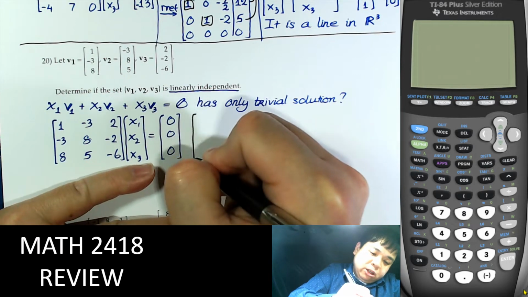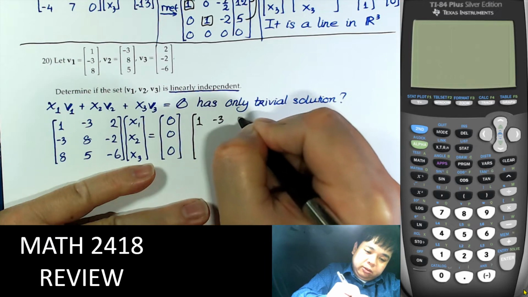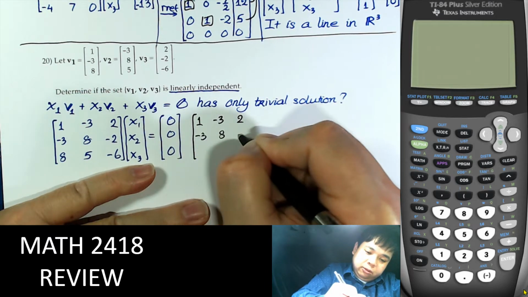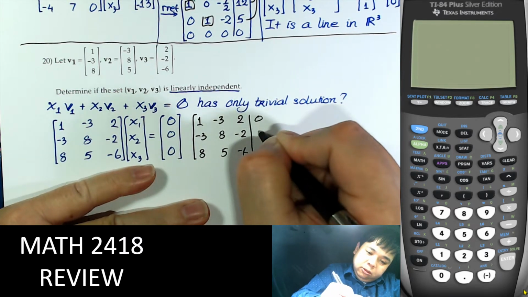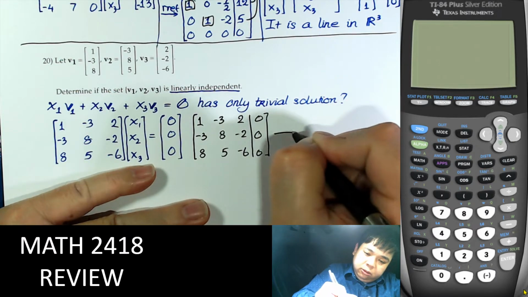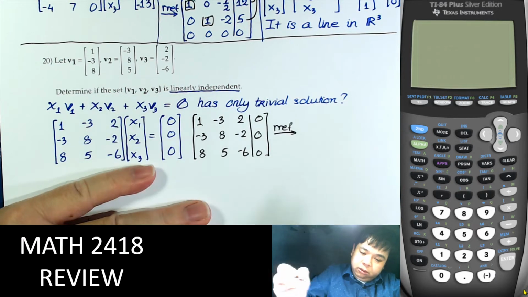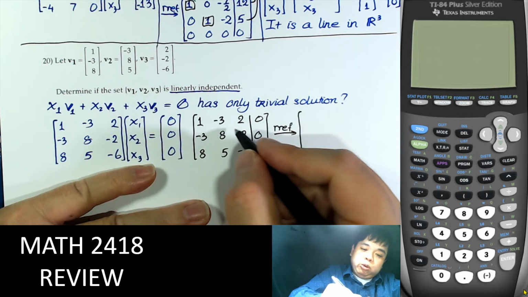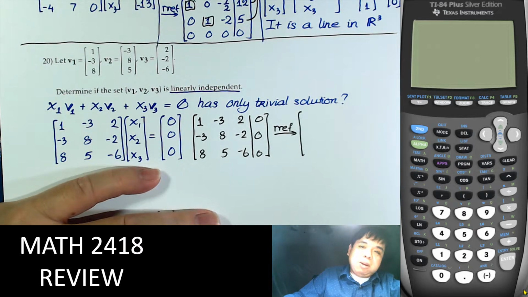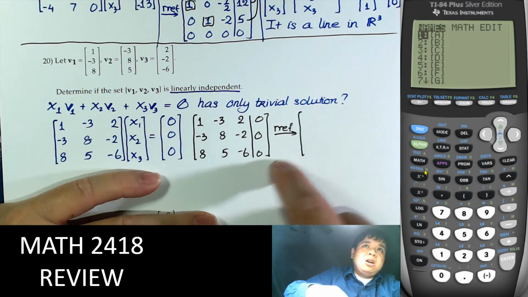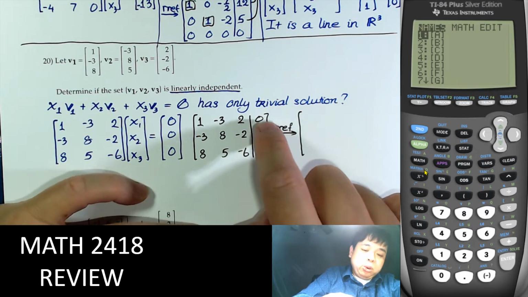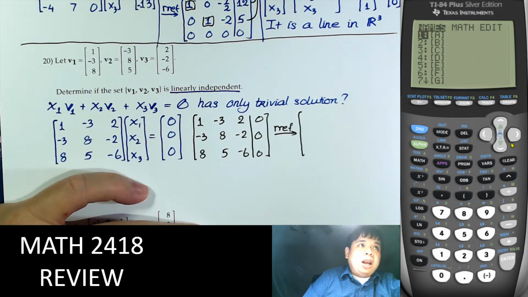So the matrix. Usually we don't even need to put the last column of 0. We'll talk about that in a minute. If the last column is 0, doesn't matter what row operation we do, we end up with the last column being 0, remaining the same.